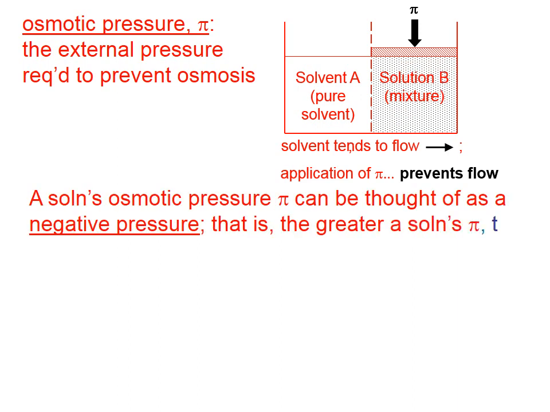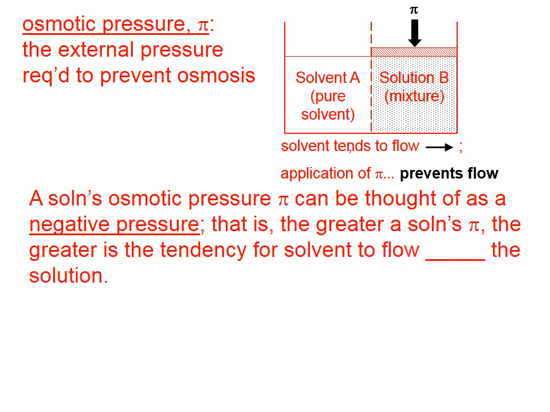A solution's osmotic pressure, pi, can be thought of as a negative pressure. That is, the greater a solution's osmotic pressure, the greater is the tendency for solvent to flow into the solution. So again, in the upper right, I've signified that solution B has a certain osmotic pressure, and the greater that osmotic pressure is, the greater is the tendency for solvent to flow into it.